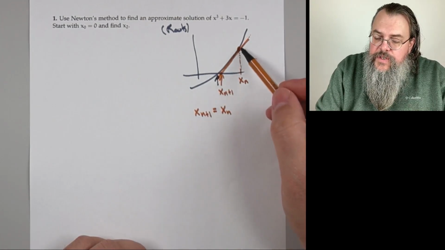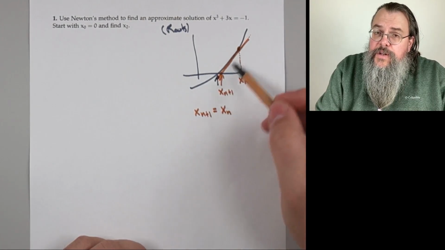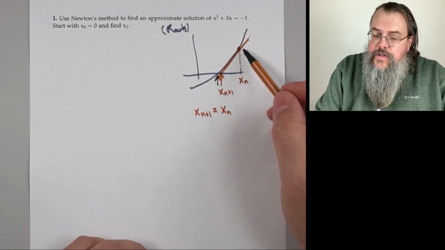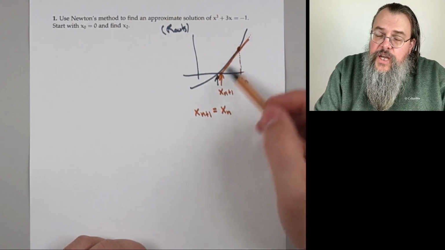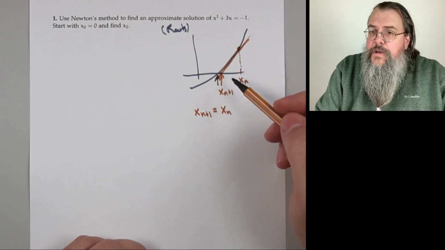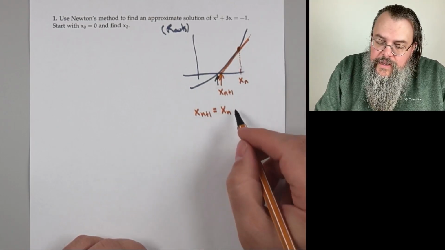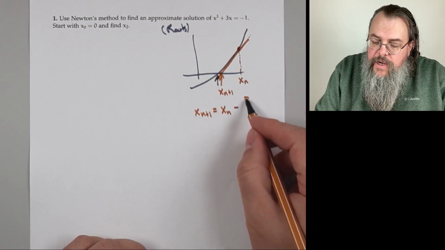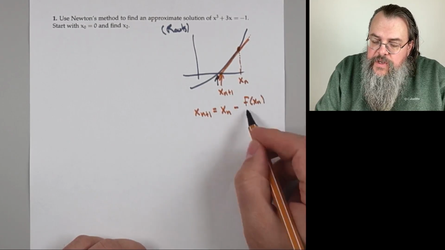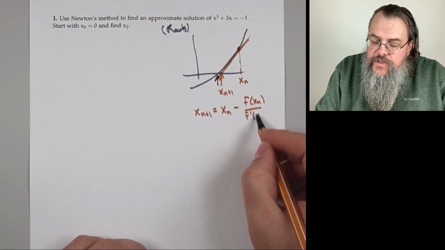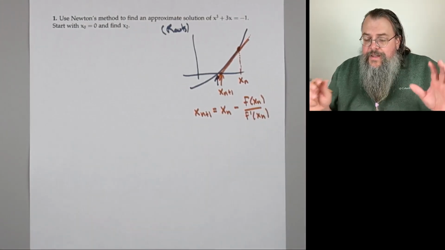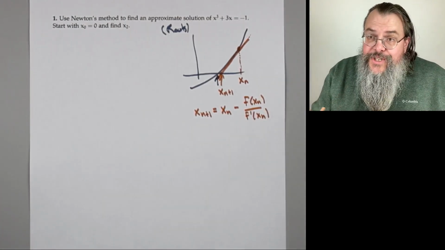Of course, if our function is very close to 0, we don't need to change much. If our tangent line is very shallow, we change a lot. If it's very steep, we don't change much. And so it works out to be minus the value of the function over the derivative of the function. Okay, so that's the procedure.